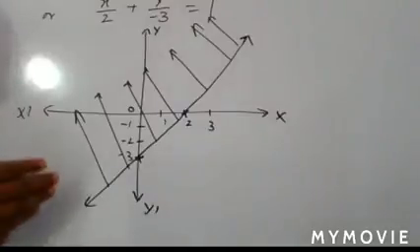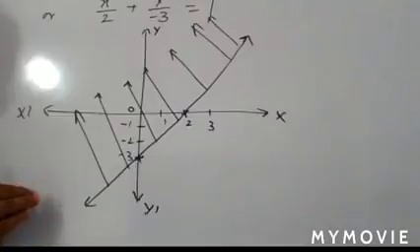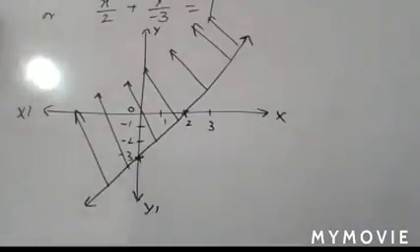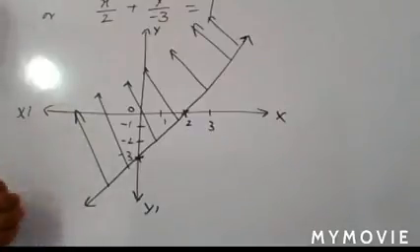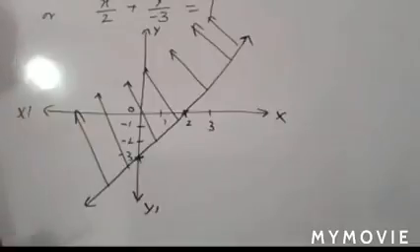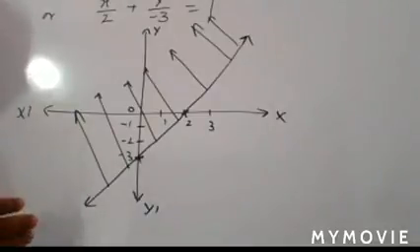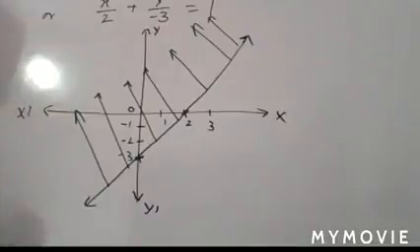So one by one you study the different types of situations for the solution, and then you go through that topic. Everyone clear? And you write: since test point 0, 0 satisfies the given inequation, hence the solution is the half plane containing origin. In this way you can explain your answer.